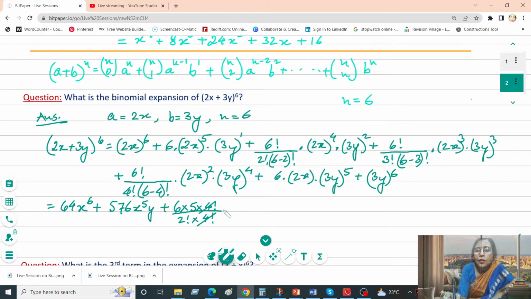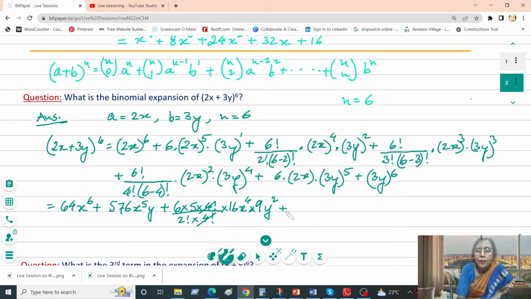And 2 to the power of 4 is 16. 3 to the power of 2 is 9. I'm putting the multiplication sign this way for this term. Okay, fine. 3 to the power of 2 is 9 y squared.